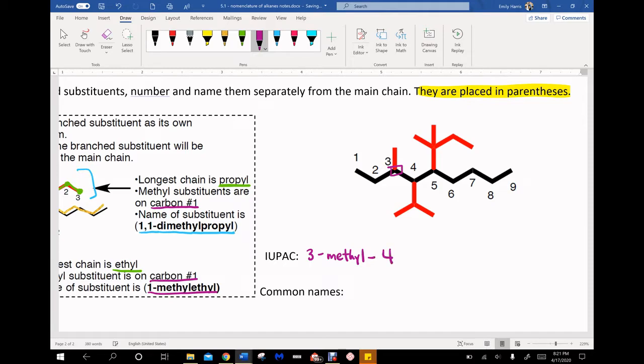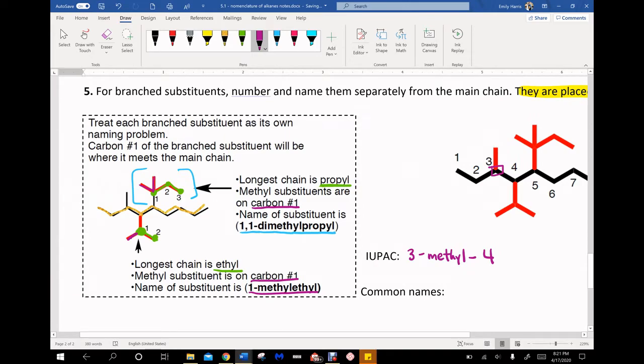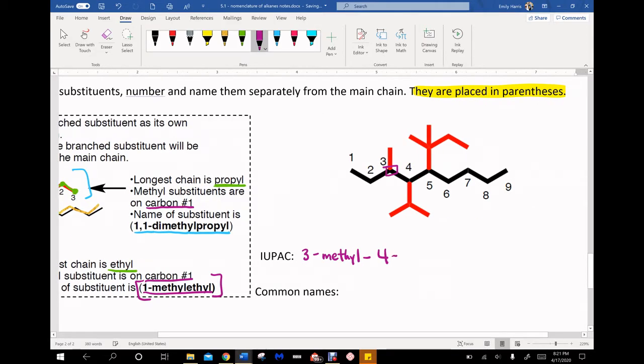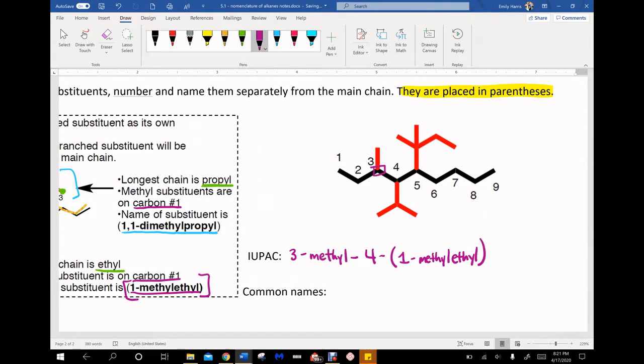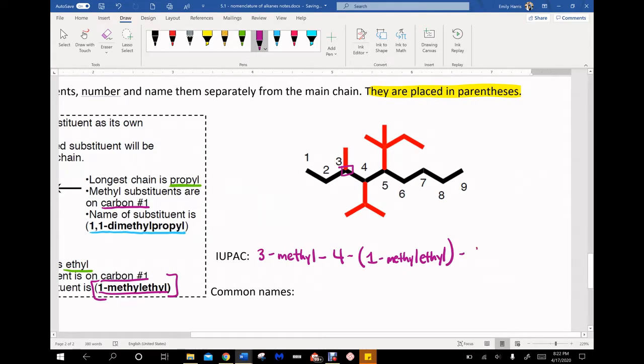And then on the 4th carbon, we have this odd, branched chain, the 1-methyl-ethyl, which we named a second ago, and that will go in parentheses. So on the 4th carbon is the 1-methyl-ethyl.